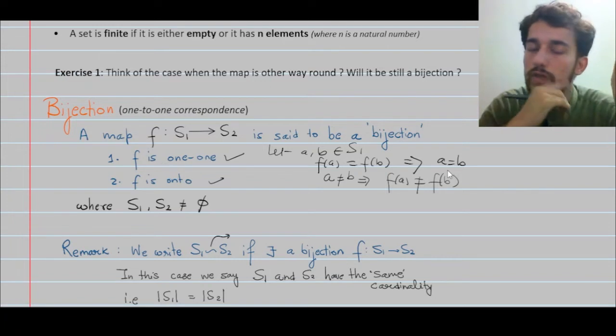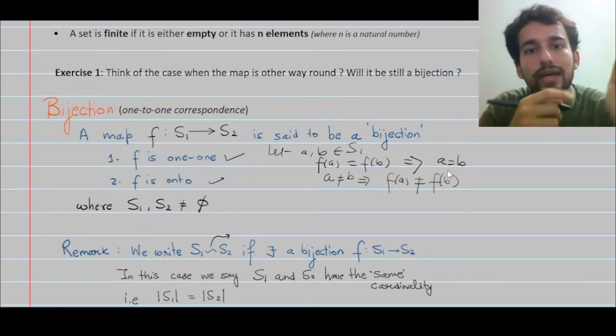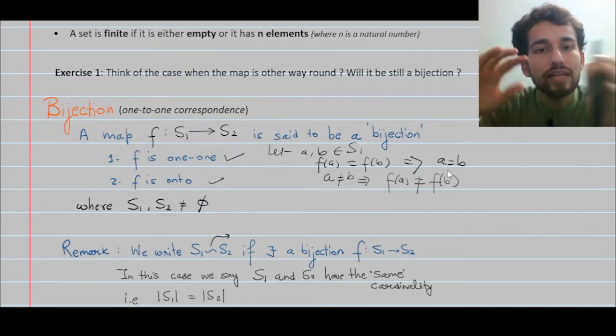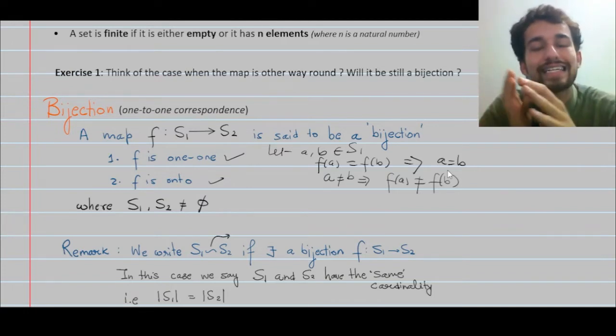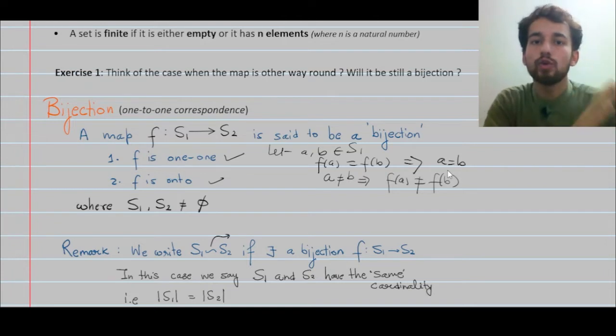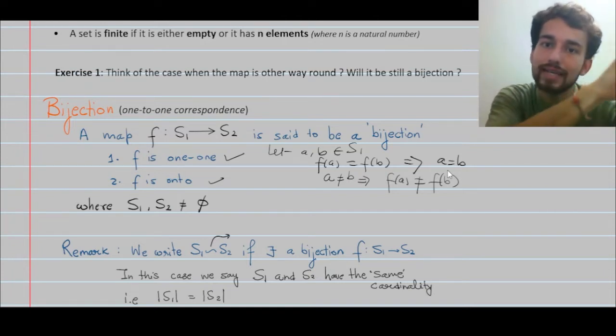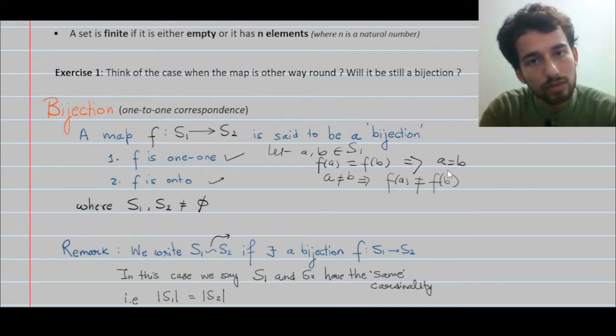So whatever different elements a and b you choose from the domain, their images are also different. In that case, we say that such a map is 1-1. Second, f is said to be onto if for every element in the codomain there exists at least one element in the domain such that the map f maps that element of the domain to that element of the codomain.